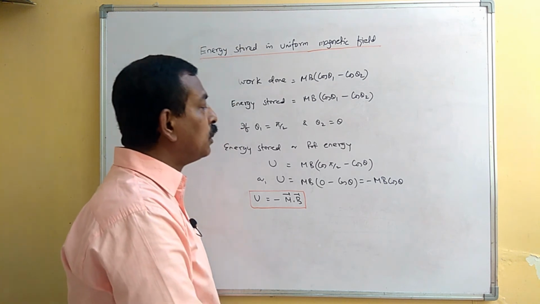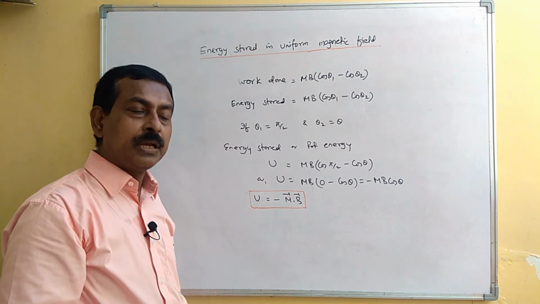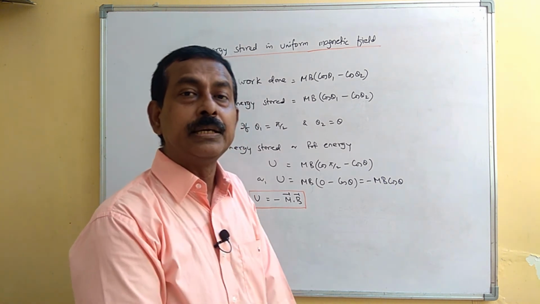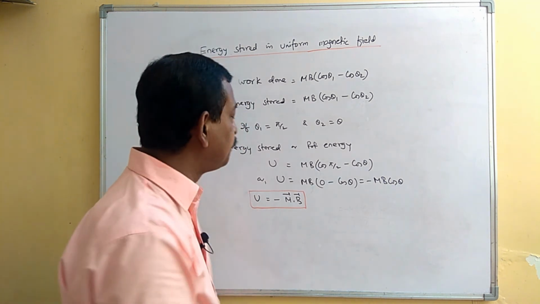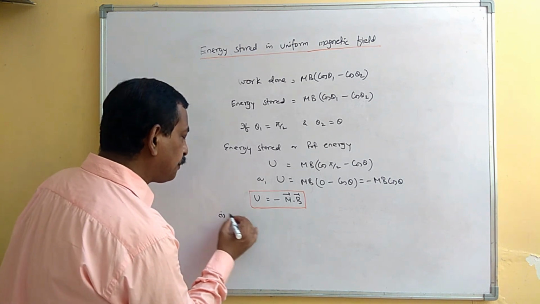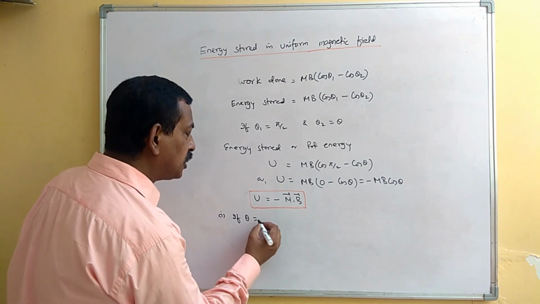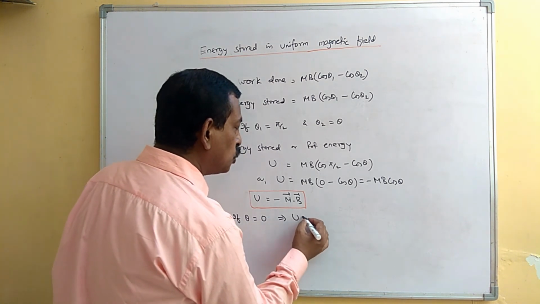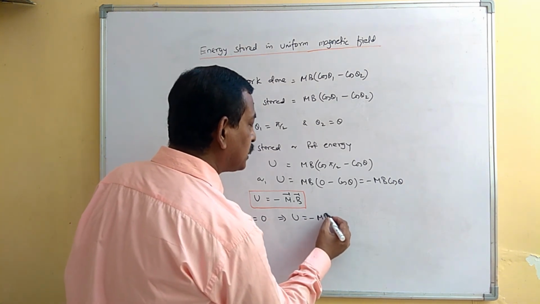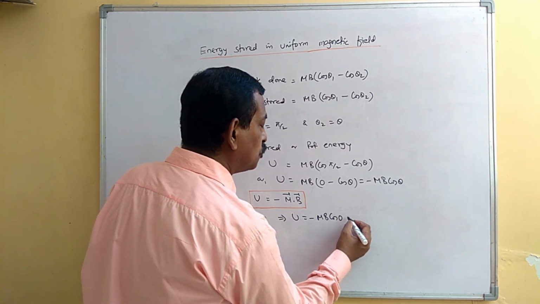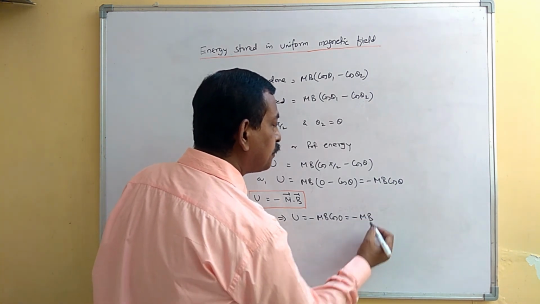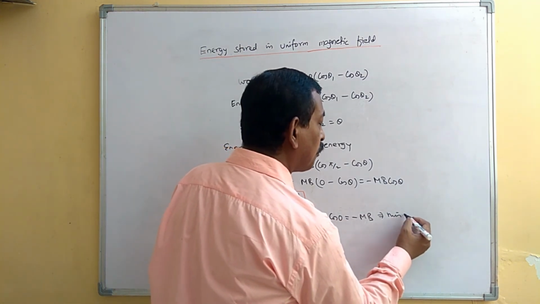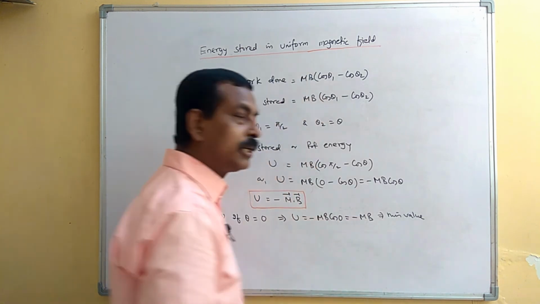Now here we can get different cases. Suppose theta is 0, theta is 180, theta is 90. If theta is 0, then U will be equal to minus mB cos 0, that is minus mB, which is the minimum value of the energy.